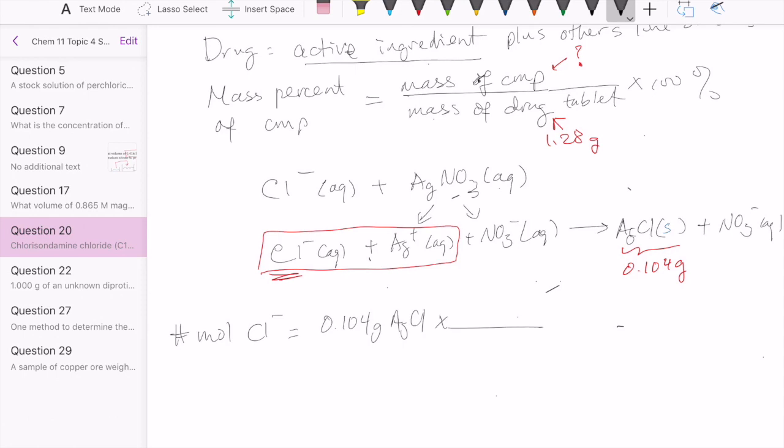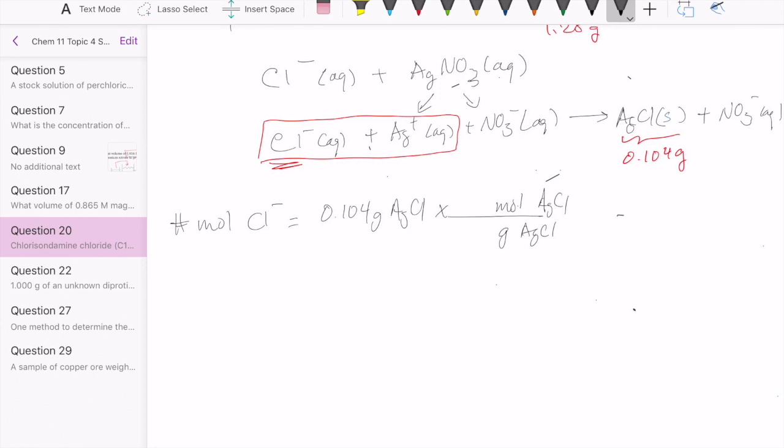I'm going to convert that to number of moles, so we need the molar mass of AgCl, 143.3 per mole. And then we're going to convert that to the number of moles of chloride by using the reaction. You can see in the reaction it's just a 1-to-1 stoichiometry between chloride and silver chloride, so we get our answer right here, and that is 7.2565 times 10 to the minus 4 moles.